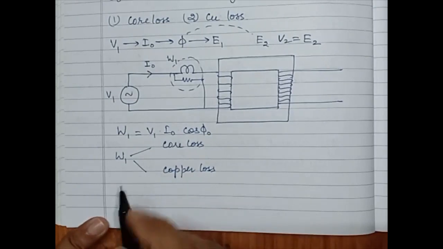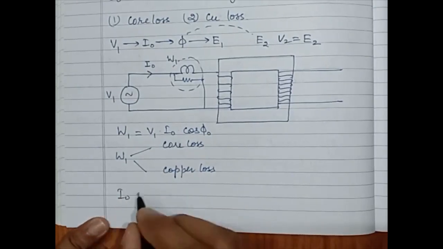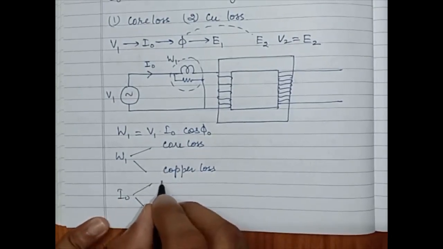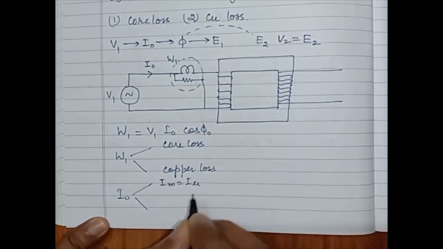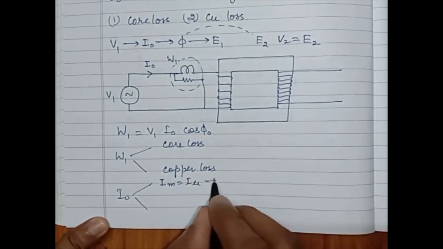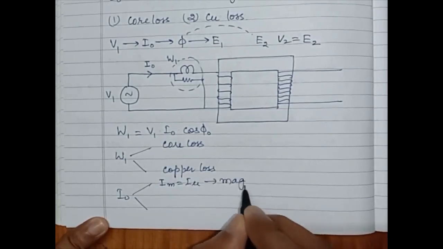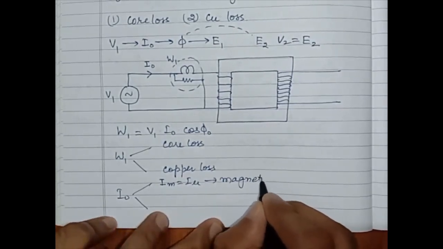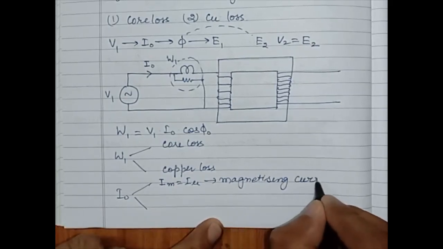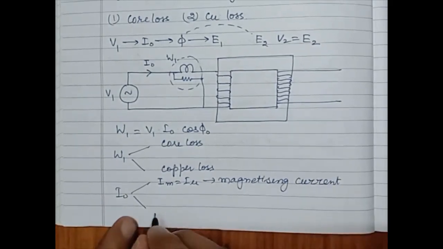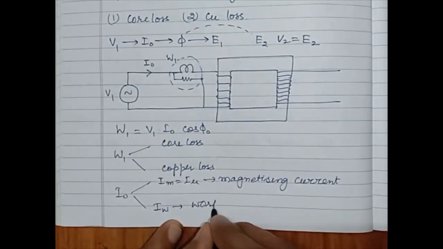It means I naught has two components. One is Im, or I mu, known as the magnetizing current, and the other component is Iw, known as the working current.